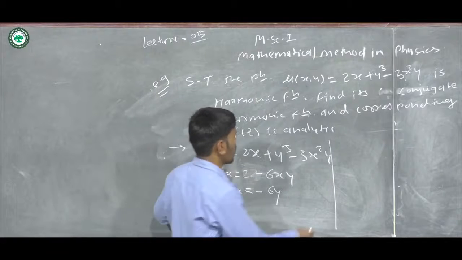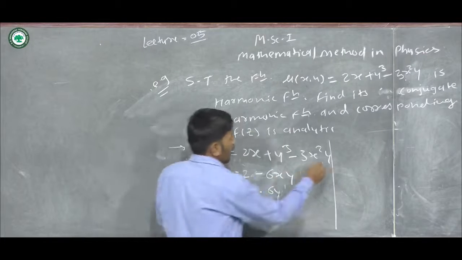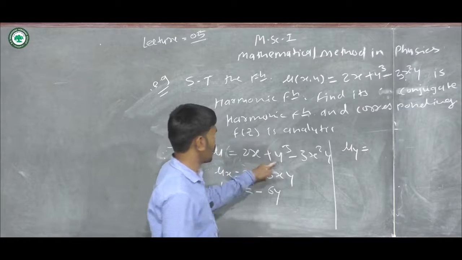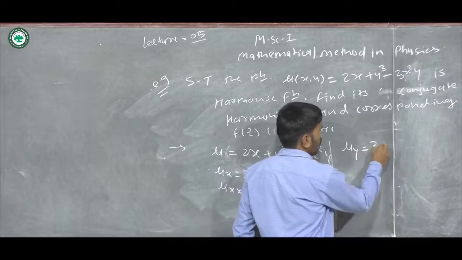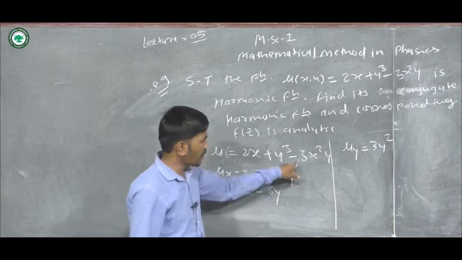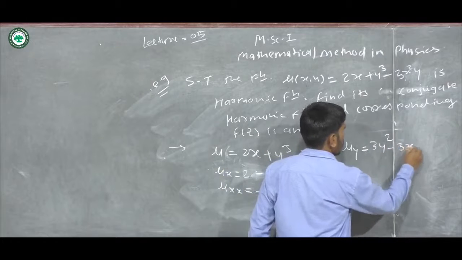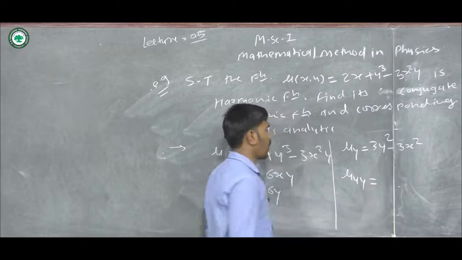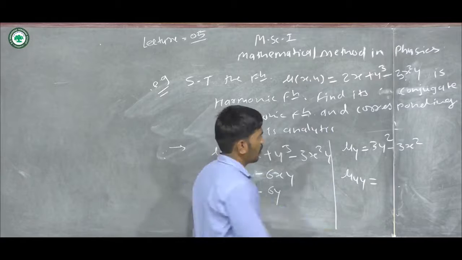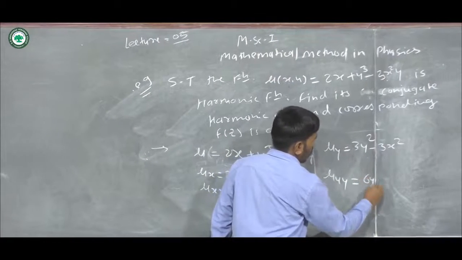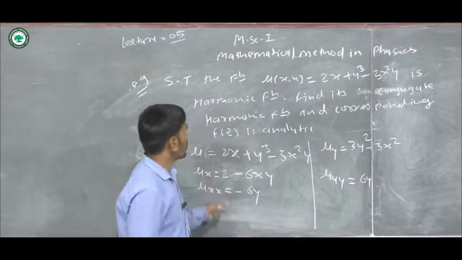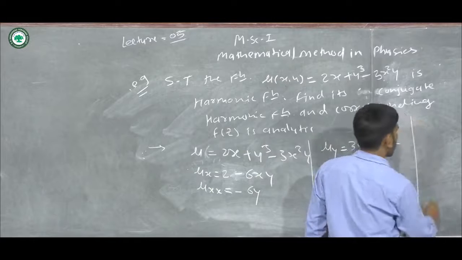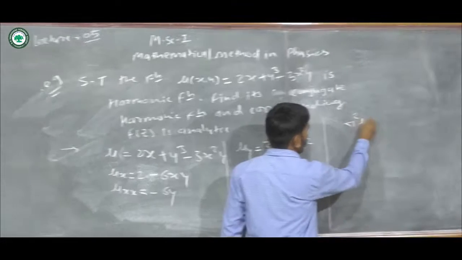Now the same thing: if we differentiate u with respect to y, u y is equal to 3y square minus 3x square. And for the double derivative with respect to y, u y y is equal to 6y. So what is the condition for harmonic? We know that it must satisfy the Laplacian operator, del square u is equal to 0.